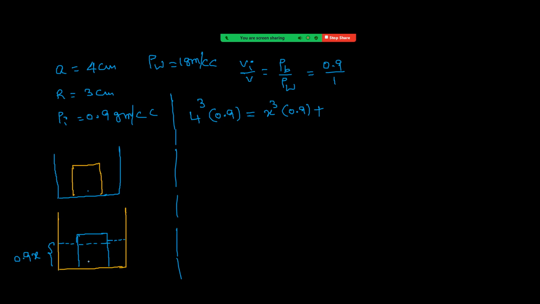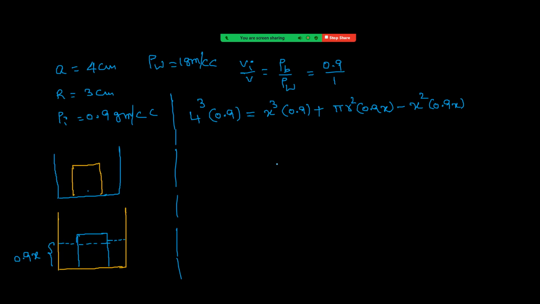From that volume, subtract the volume of this part of the ice. That gives the volume of water. Okay. Then see here what I'm writing. Pi r square into 0.9x. That gives the volume of cylinder. From this volume, subtract the volume of ice, this part of ice, that is x square into 0.9x.